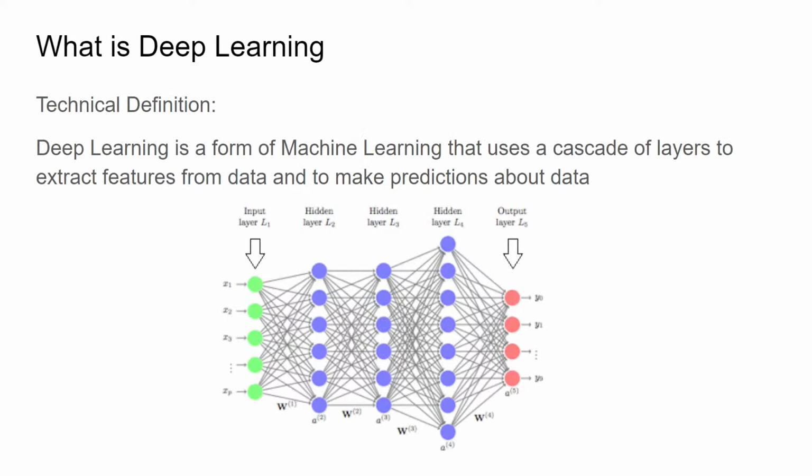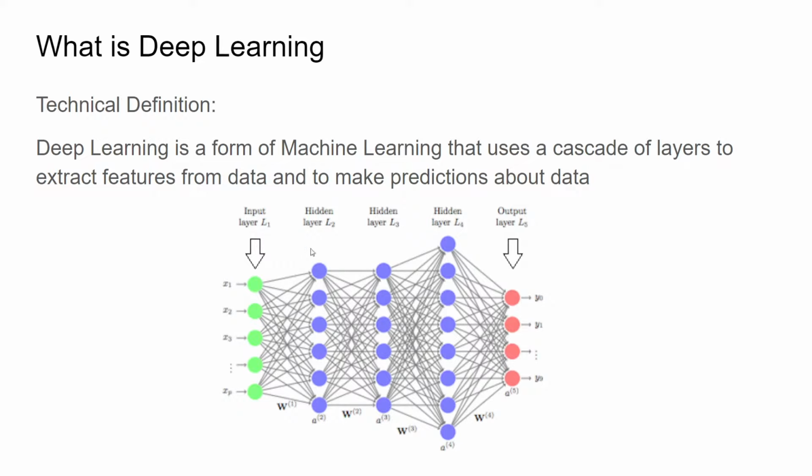So moving ahead on the deep learning part. Deep learning is actually a form of machine learning, a subset of machine learning, but we use several layers of computations to produce our output.